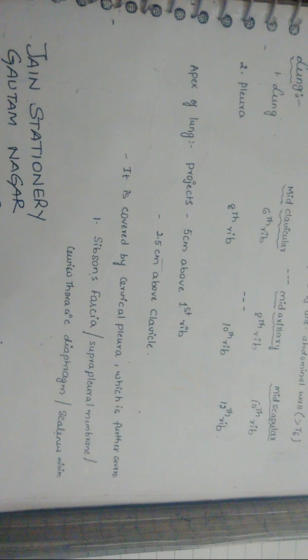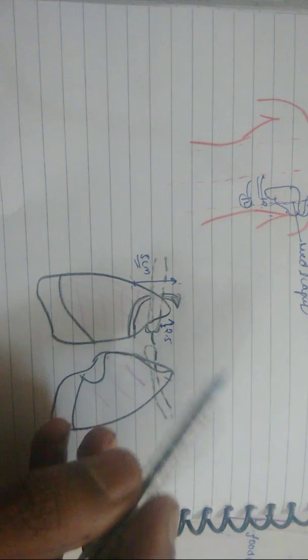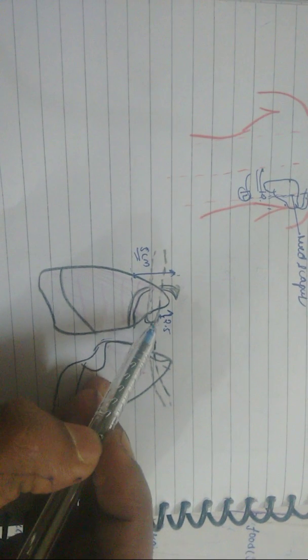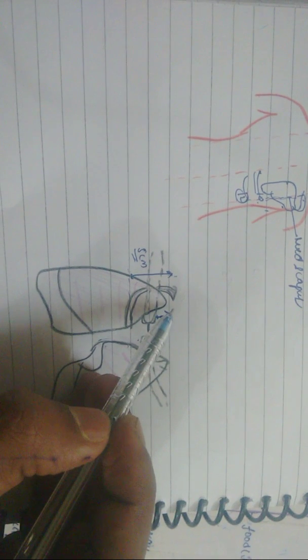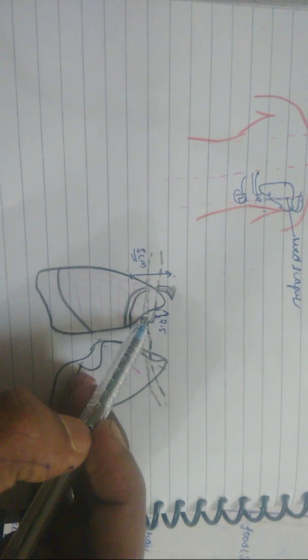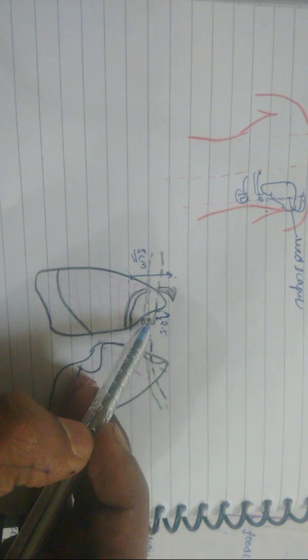So what is it trying to tell? You can see this is the lung here, this is the clavicle. If I measure the distance, the apex of the lung projects 2.5 centimeters above the clavicle.